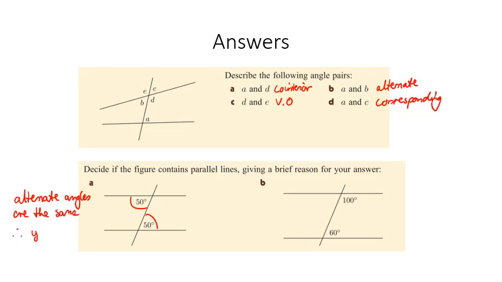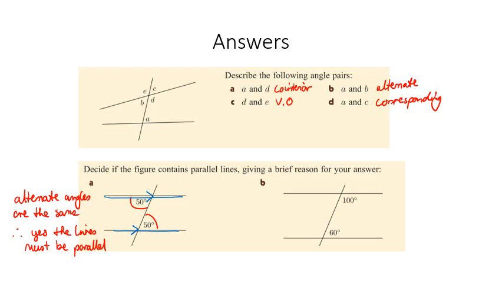Therefore, yes, the lines must be parallel. Okay, because those alternate angles are equal. If those alternate angles were not equal, then the two lines that they've given us would not be parallel. But in this particular case, they are.